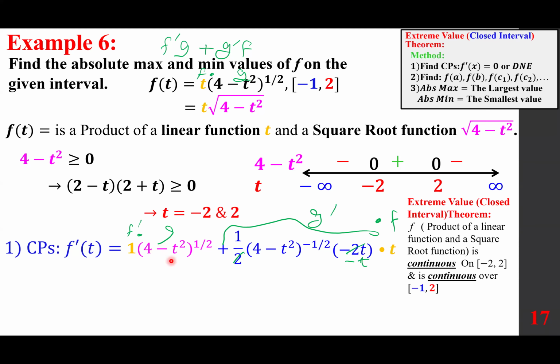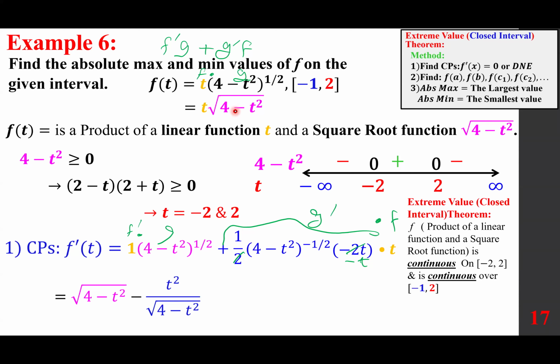Number two, this we are going to change to a square root of 4 minus t squared. When we go here, we have a fraction bar. At top, we have 1 minus t and t, in other words, minus t squared. At the bottom, this has exponent negative 1/2, goes down, becomes positive 1/2 and a square root. This is elementary algebra. I hope nobody has any problem with that.